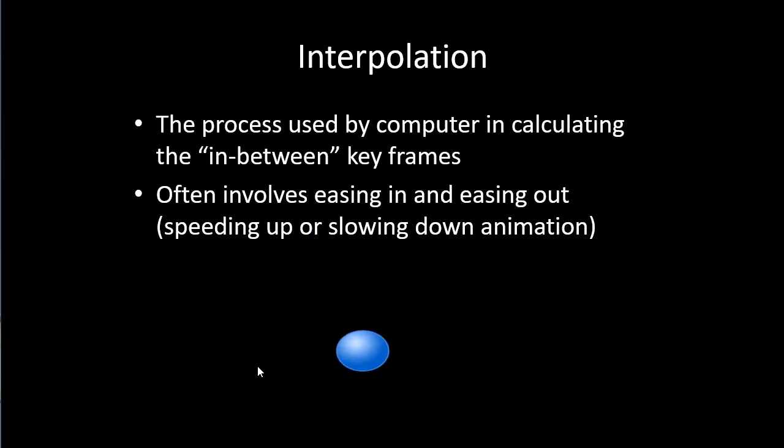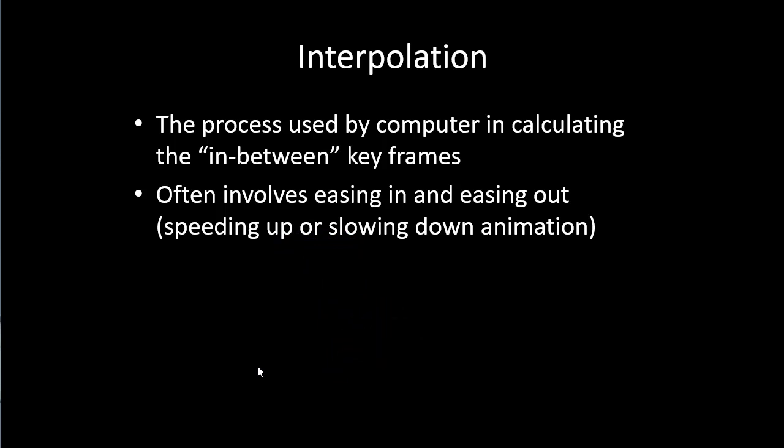As we see here, if I slow down the bouncing ball that you saw when we talked about movement and our eyes being drawn to the movement, you can really see the keyframes and the changes that are occurring.